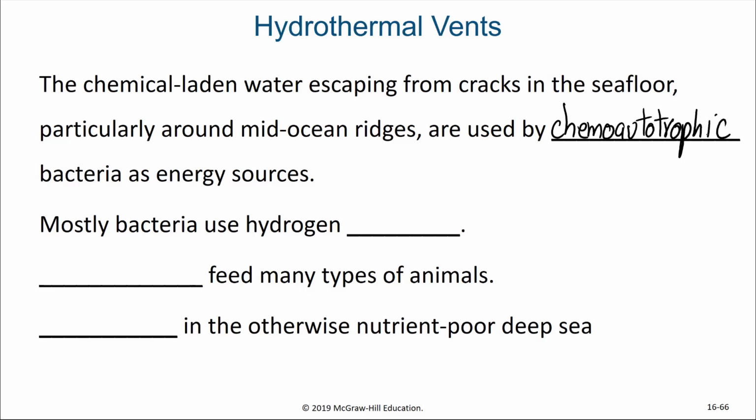Most of these bacteria use hydrogen sulfide. The bacteria feed many types of animals. These deep-sea hydrothermal vents can be oases in the otherwise nutrient-poor deep sea.